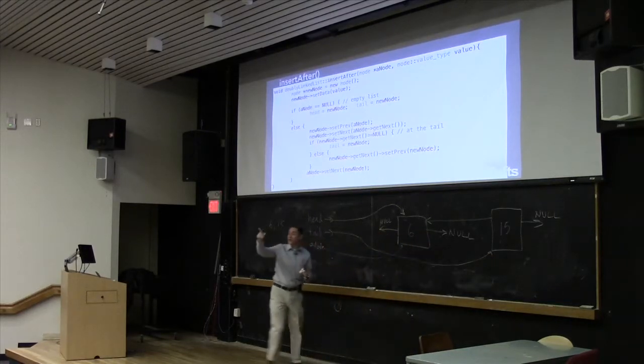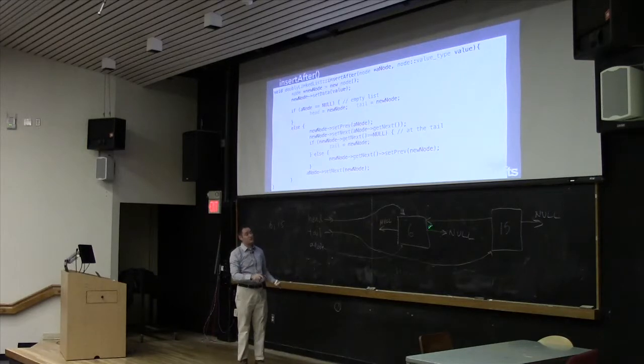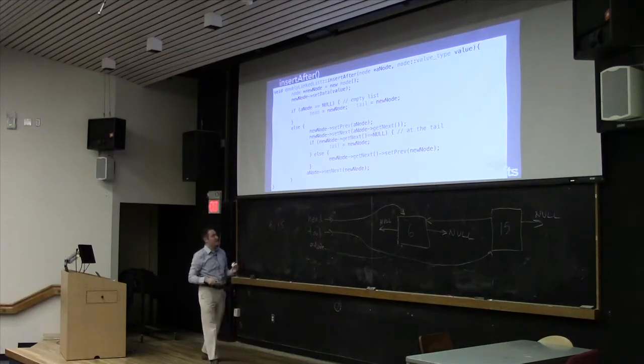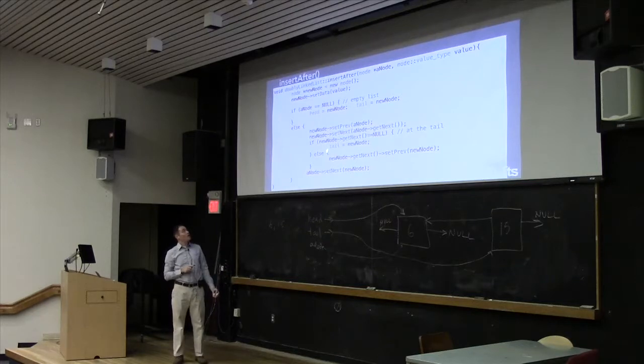OK? So by the way, as you answered before, you have to set the pointers this one and this one. There's a little more to it too, right? We also have to set this one, and we have to also set the tail or the head or whatever it happens to be. In this case, it's the tail. OK. It was true that our next one was null, so therefore it's the tail. So we don't actually have to do anything to something past here, which we will on the next one. Well, we won't on the next one, but you would.